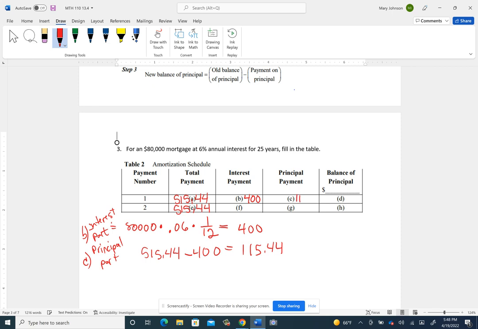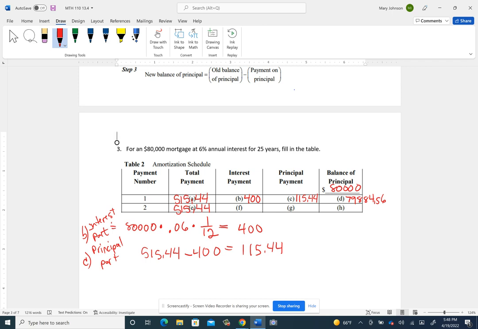So that would be C, $115.44. Well, you know, our balance was $80,000. We've now paid off the $115.44. So work on that, pause the video and do it. So that means we're going to have $79,884.56 left to pay off.